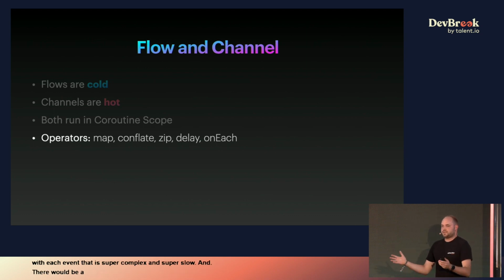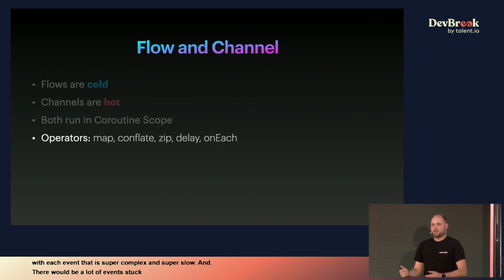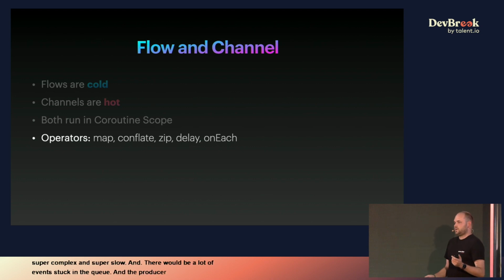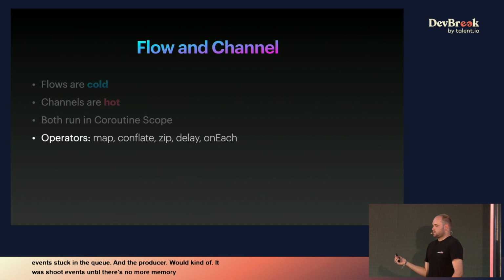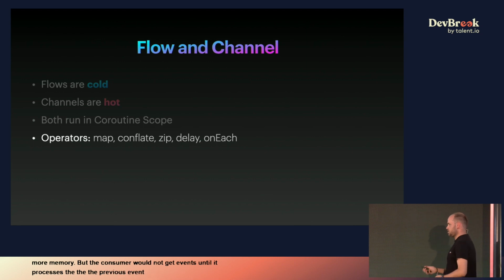There would be a lot of events stuck in the queue, and the producer would shoot events until there is no more memory, but the consumer would not get events until it processes the previous event. And so it's kind of starving the consumer.